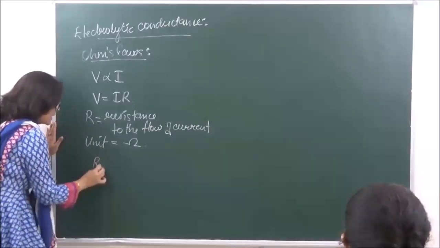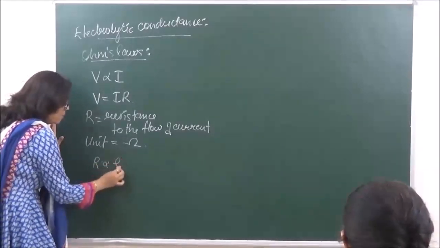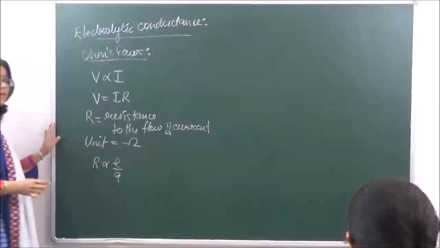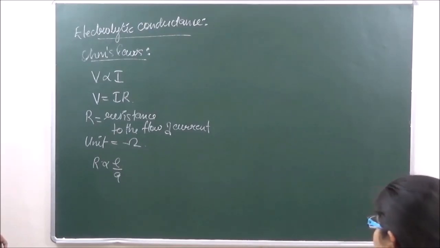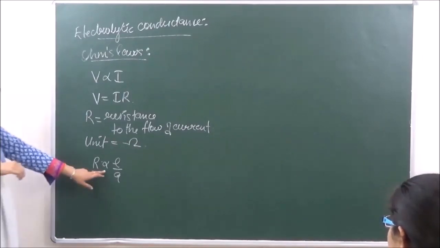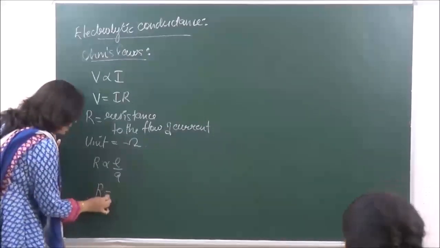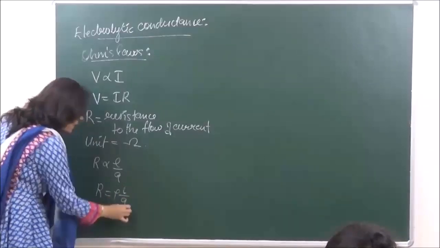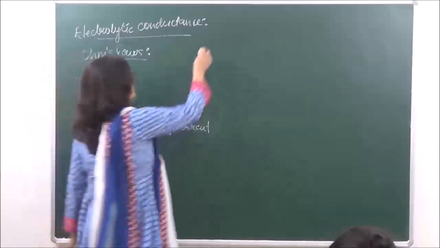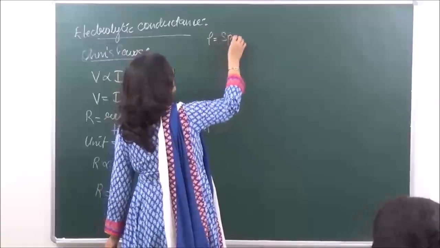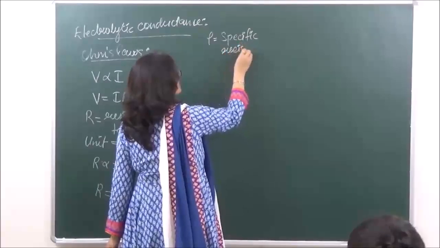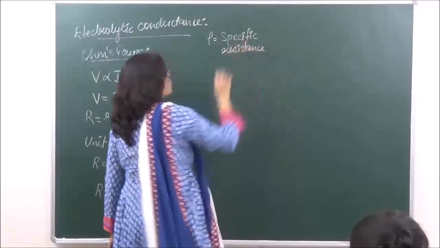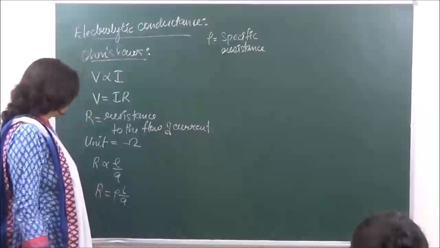It is said that resistance is directly proportional to the length of the wire and inversely proportional to the area of cross section of the cell. Clear? So we can say that R equals rho L upon A. Rho here is the specific resistance.